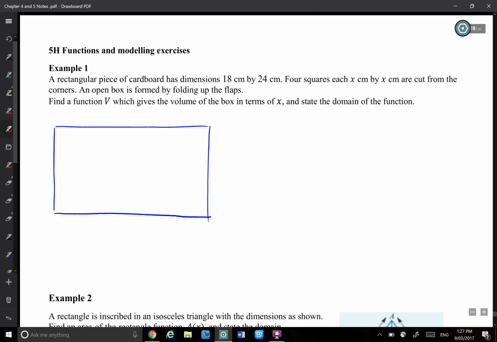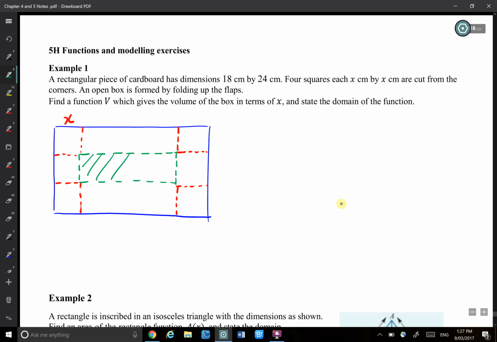Okay, so we have a rectangle. We have x here. We cut a square here, like that. That's the 4 squares, each with x. And I'll fold along this green line.